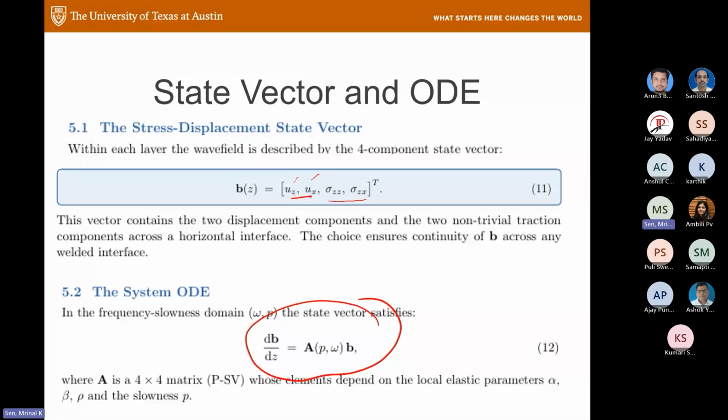So this is going to be our new wave equation under the assumption that the medium is layered. And this will have this B, and this A is a systems matrix, and it's 4 by 4 for the PSV case and 2 by 2 for the SH case. So this basically requires that we solve B as a function of Z, omega, and P, right? And this B basically contains all the physical variables that we want to compute.